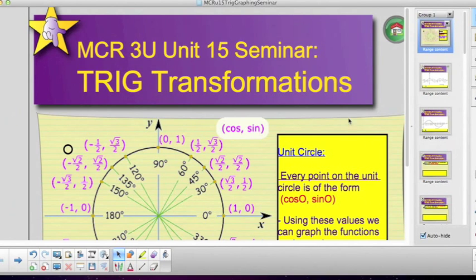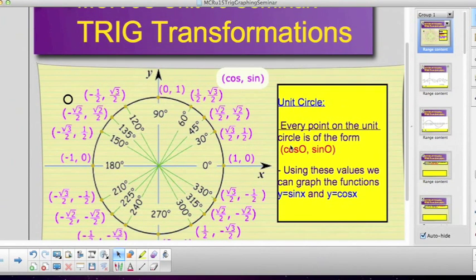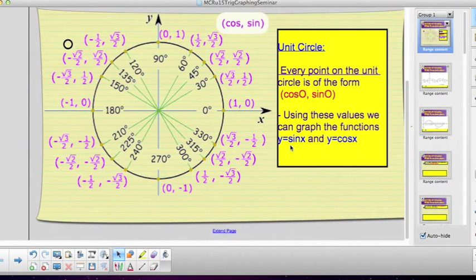Now, the way we derive the sine curve and the cosine curve is by taking points on the unit circle. And you have learned the special triangles, the 30, 45, and 60-degree special triangles. Really, we can make triangles for every single degree measure on the unit circle.